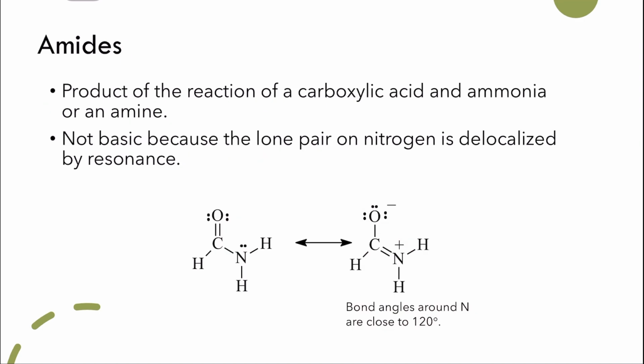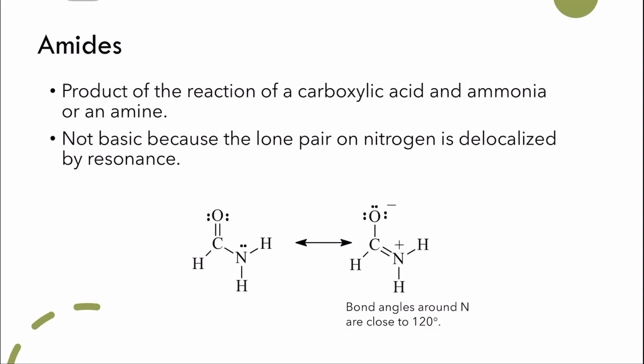So what about amides? Amides come from the replacement of an OH in carboxylic acid with NH2 or with a nitrogen with some substituent. So here these are the amides.